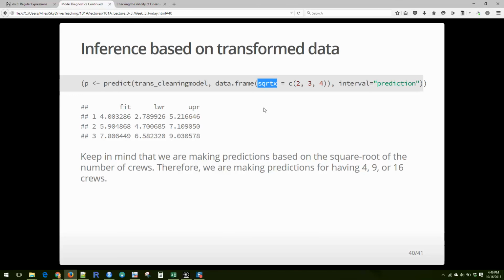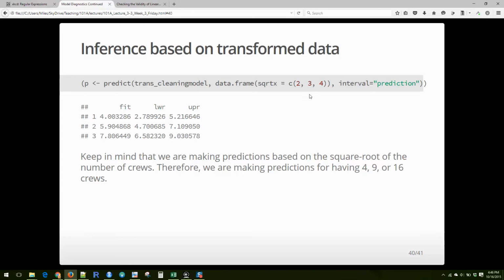X is the number of crews I have. So here I'm now making predictions for having 4, 9, or 16 crews. If I wanted to create a prediction for how many rooms I can clean if I have 12 crews, then I would have to take the square root of 12.